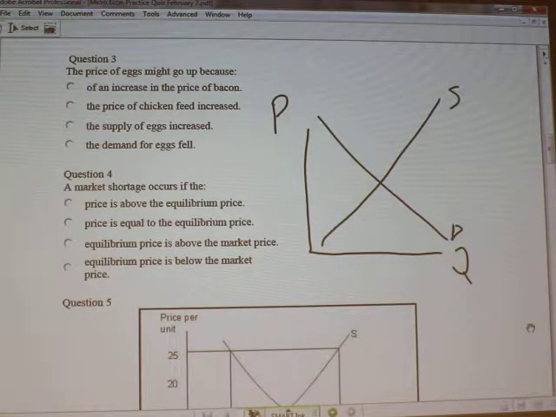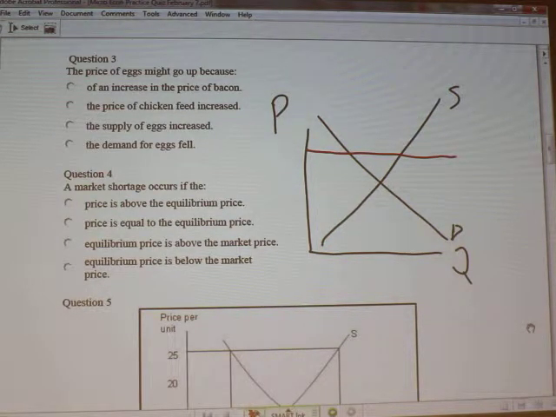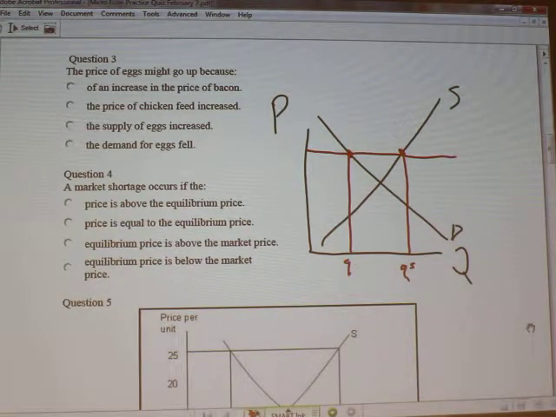Okay, if the price is above the equilibrium, that means we have a situation like this, right? And then here, do we have a shortage or a surplus? We have a surplus. Why? Because the quantity supplied is greater than the quantity demanded. So we have a surplus. So A is not correct.